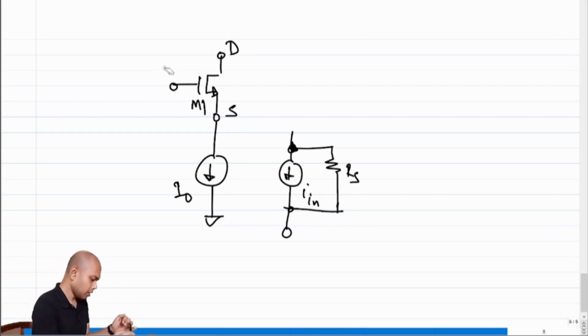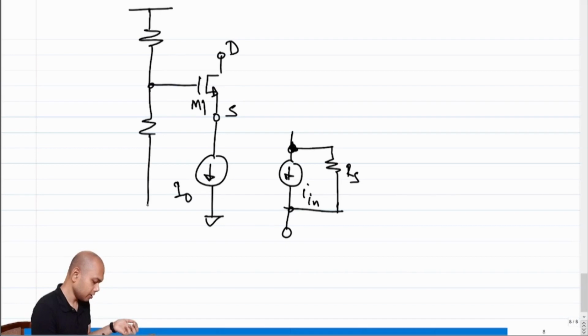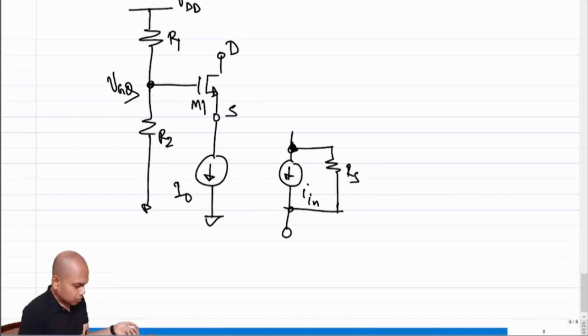What about the gate? How do we plan to bias the gate? Same old gate. We are not doing anything different because we have already established that the input is going to the source. So the gate we can simply bias and leave it. Right. So let's say this is VGQ.